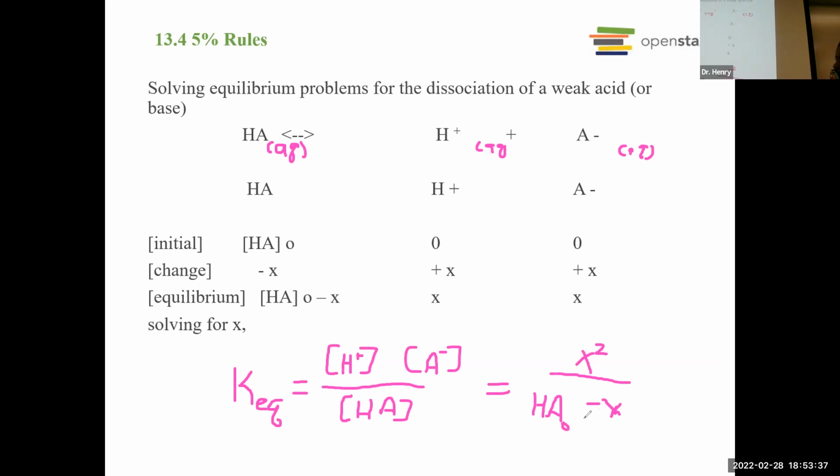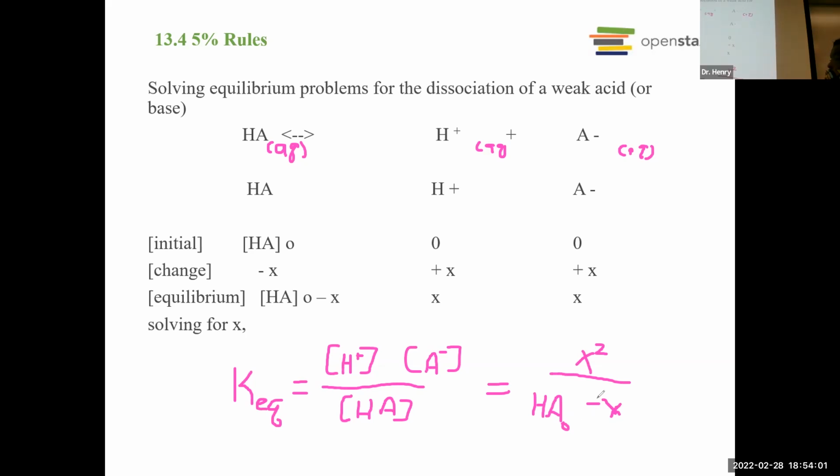So what you're going to do in this situation is that if we take the 5% rule into account, we basically will drop this minus X and make it 0. Because we're assuming that if this is less than 5%, it's not going to affect this value too much.